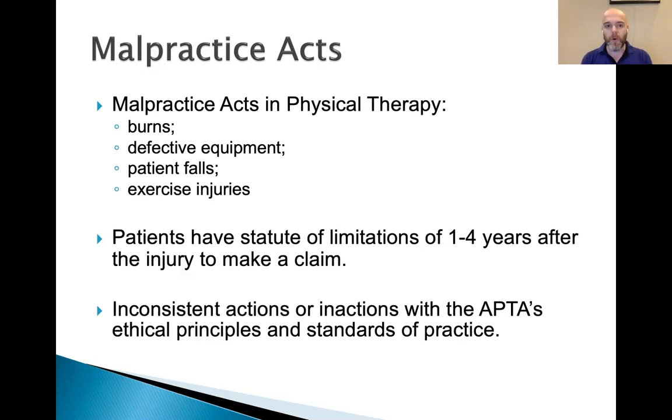Somebody that does something maybe like act inappropriately, maybe act outside the scope of practice, like I saw in one newsletter where a PT was giving CBD oil to one of his patients for pain relief. Well, CBD oil is legal in Texas, yes, but a PT is not a doctor.